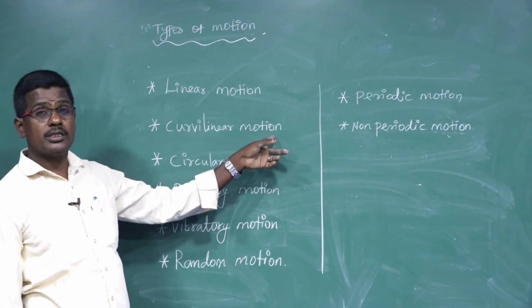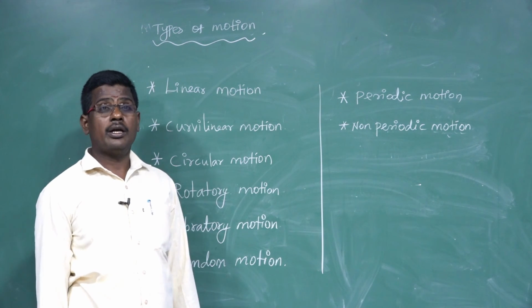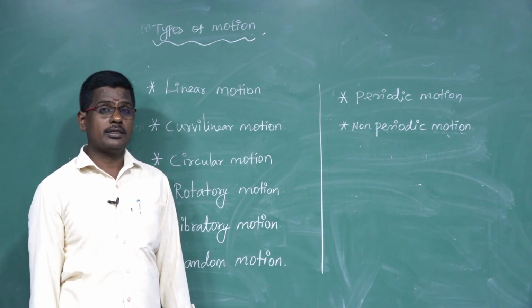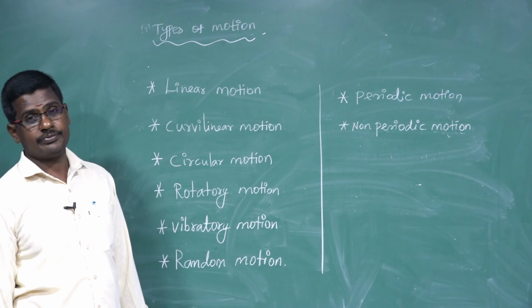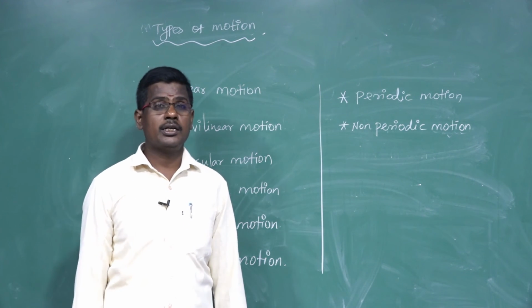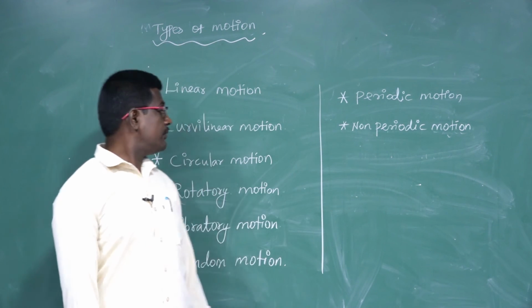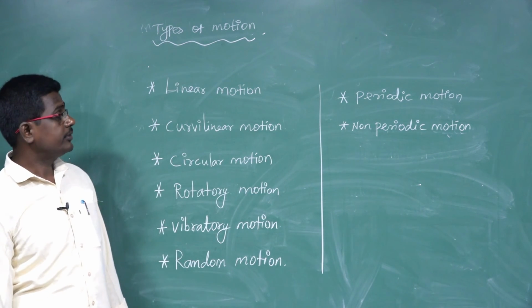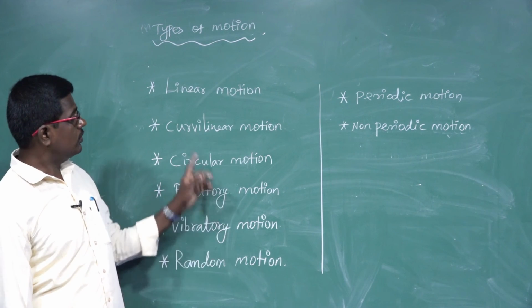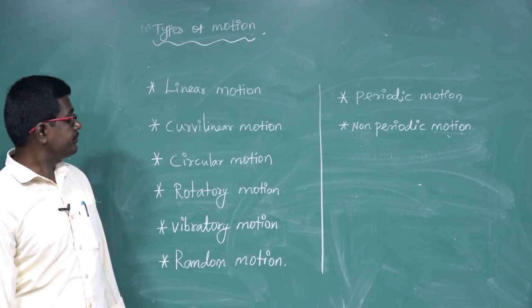When an object moves in a curved path, it is called curvilinear motion. Example: a car moving on a curved path.